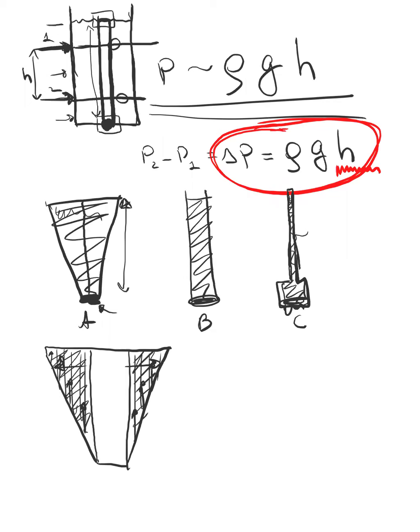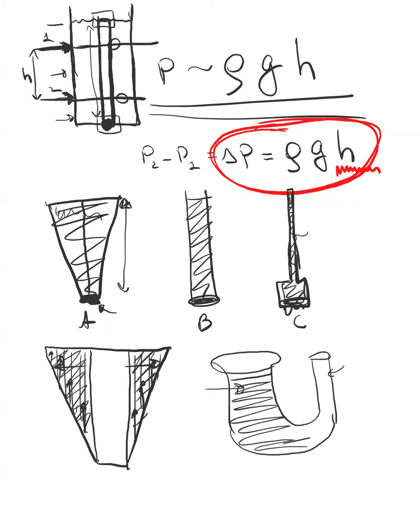So one of the consequences of this is that if you have two connected tubes, let's say I have one tube, and I have a second tube, and those tubes are really different in size. So this is a narrow tube, and this is a wider tube. If I put some water here, this water will of course flow to the other side, and it will continue flowing until we have the same pressure on both sides.